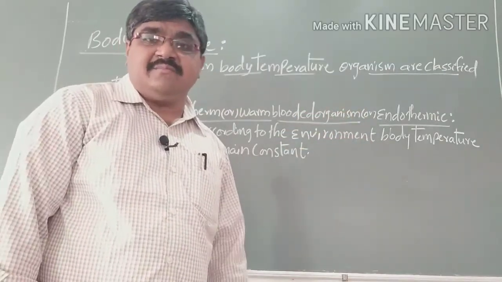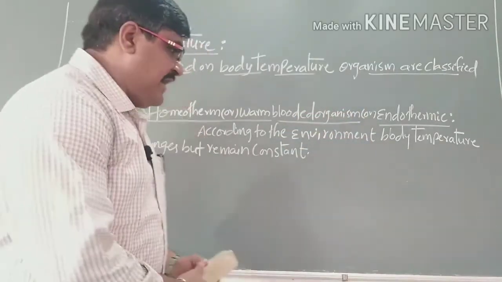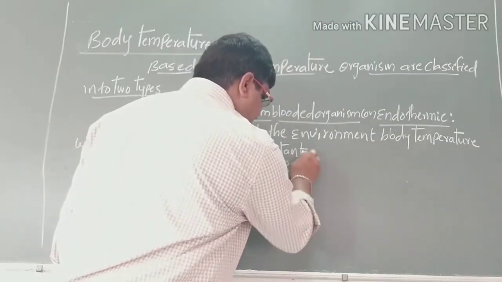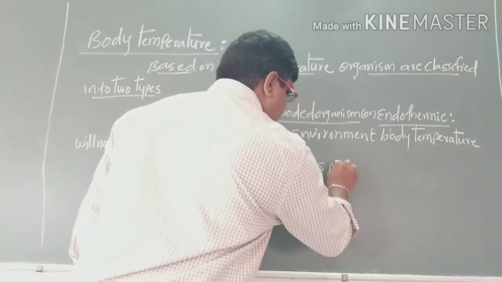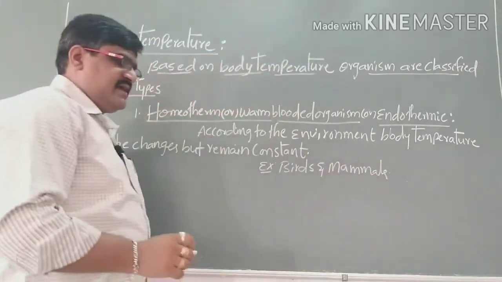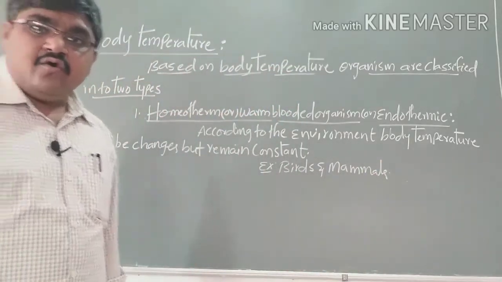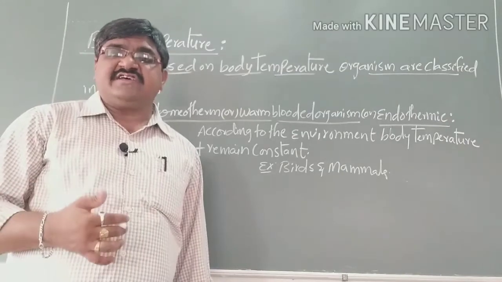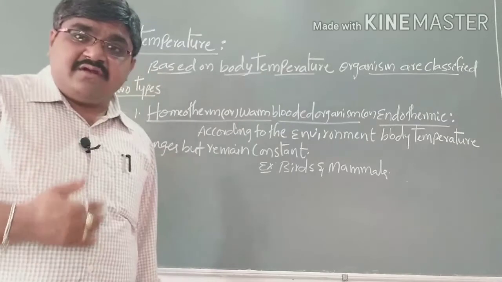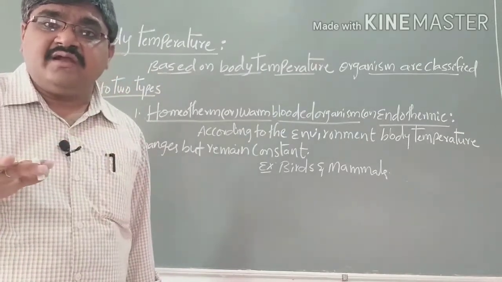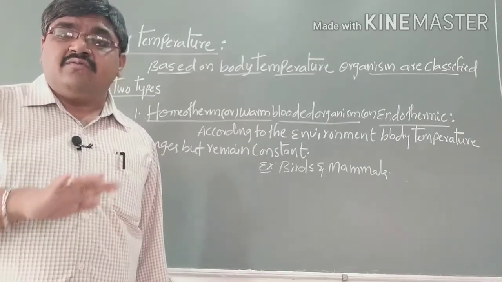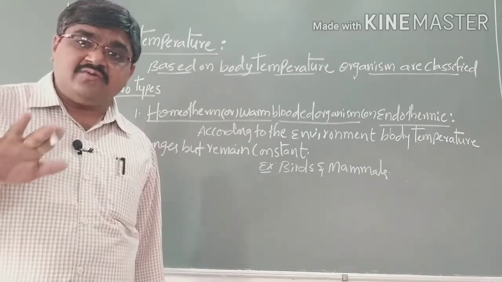For example, birds and mammals are examples of homeotherms. Homeo means constant, thermic means temperature. Here the body temperature always remains constant and does not change according to the environment.